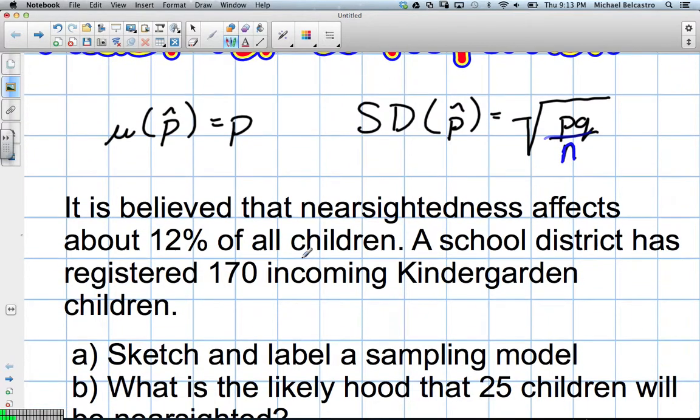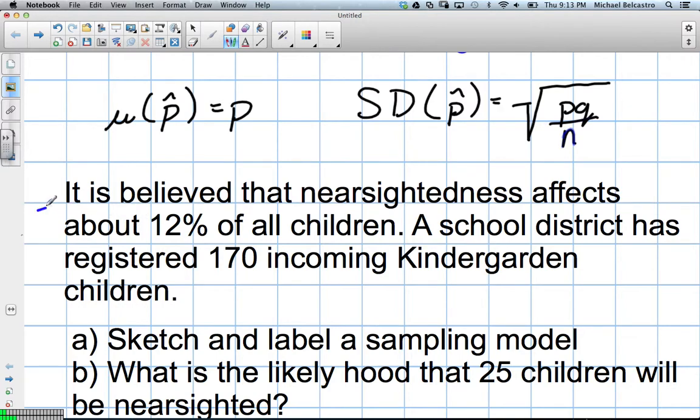Okay, so here's a question. It says it is believed that nearsightedness affects about 12% of all children. So if we're testing for nearsightedness, and nearsightedness is a success, we call it, okay? I'm sure we wouldn't consider it successful, but that's considered a success in our study.